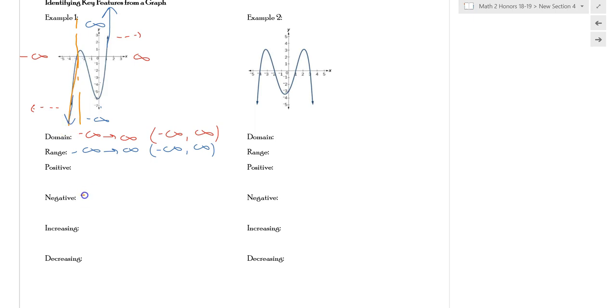So we say, right, from negative infinity to the x value of negative 3. We use our x value, not our y value. So that was below, so that's on our negative.